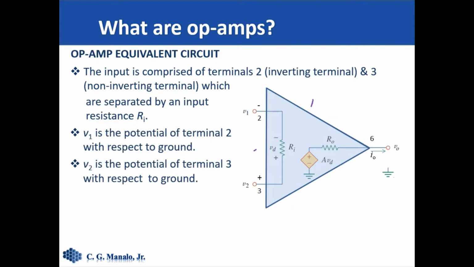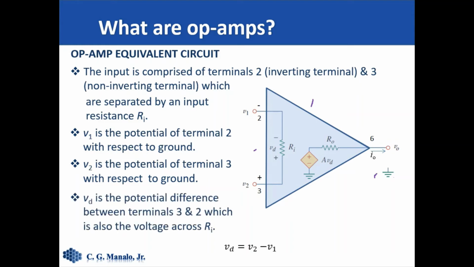The voltage at terminal 2 is V sub 1 with respect to ground, while the voltage on terminal 3 is V sub 2 with respect to ground.